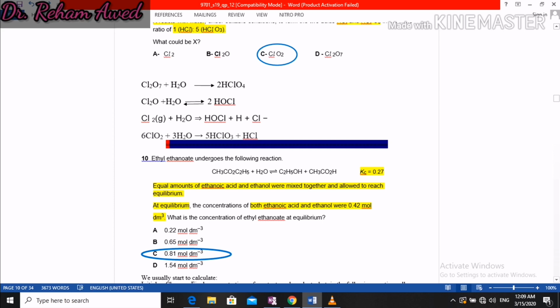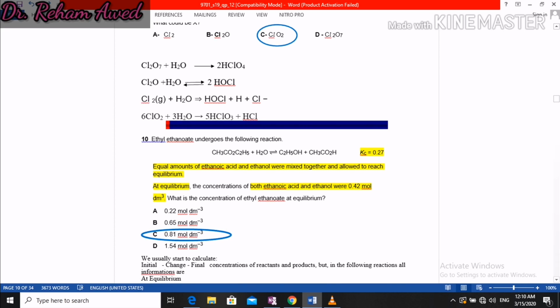Equal amounts of ethanoic acid and ethanol are mixed together and allowed to reach equilibrium. At equilibrium, the concentration of both ethanoic acid and ethanol were 0.42 mole per decimeter cubed. What is the concentration of ethyl ethanoate at equilibrium?